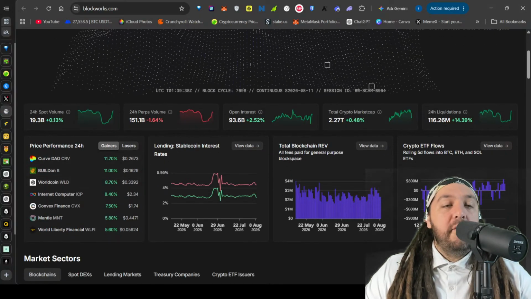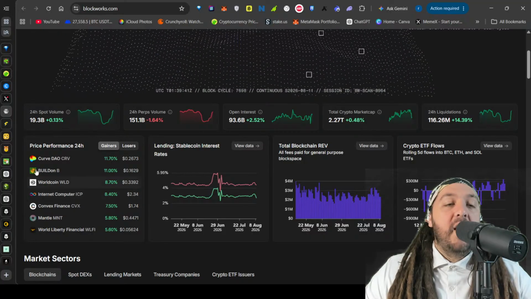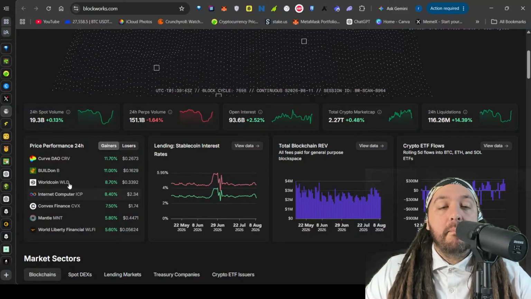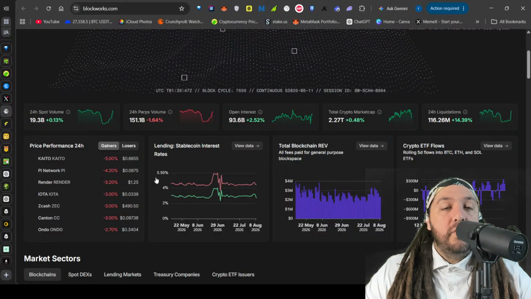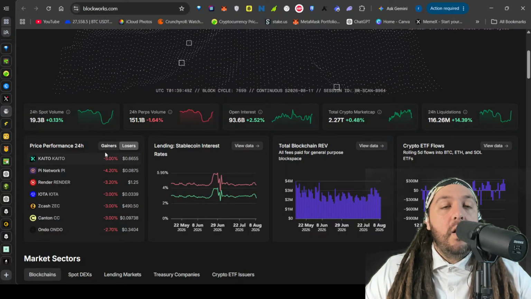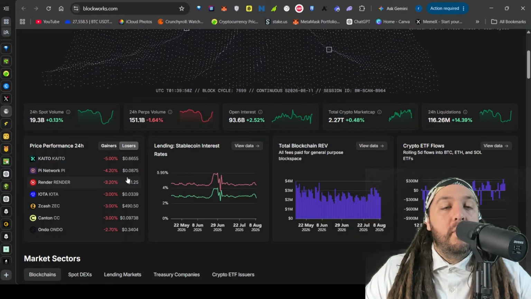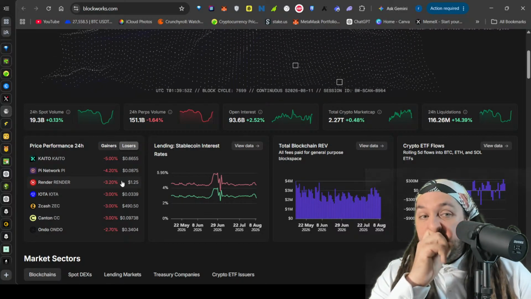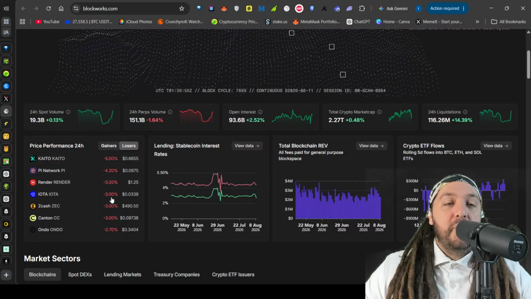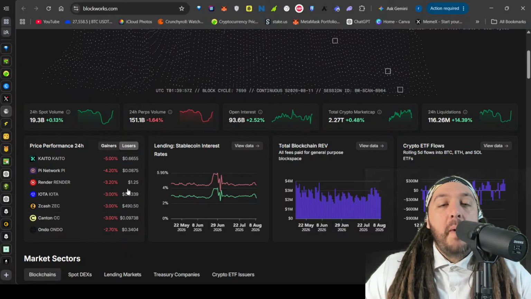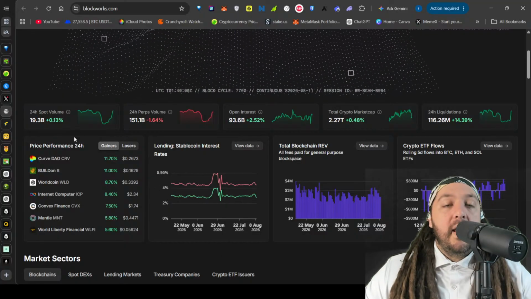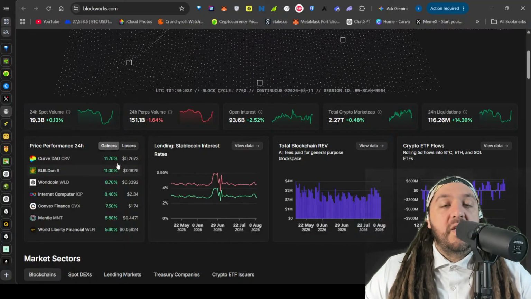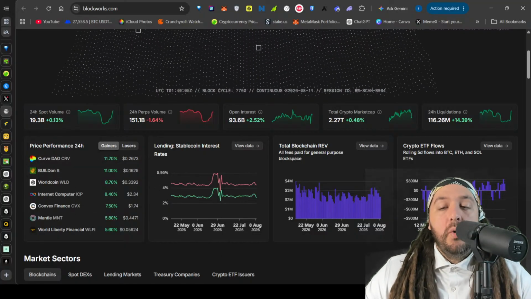Curve DAO, 11%. Build on, 11%. WorldCoin, 8.7%. ICP, 8.4%. Let's go to losers here. KDO, 5%. Pi Network, 4% to the downside. And Render, down 3%. The losers are not so bad. I mean, when your top loser of the day is only 5%, not so bad, and your top gainer is much higher, like double or more, then you're doing pretty all right.